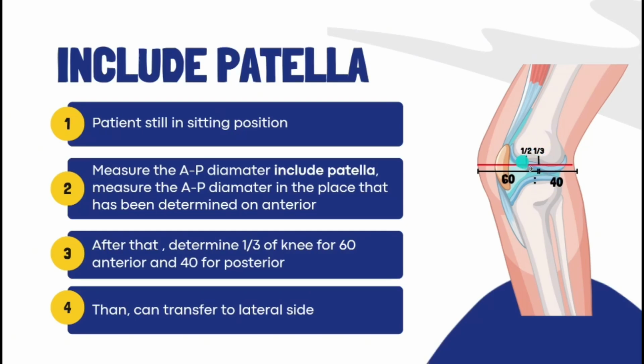Here is the half, and this is the one third. And then define 60 for the anterior and 40 for the posterior. And then you can transfer to the lateral side. That should be parallel on the medial and lateral side.